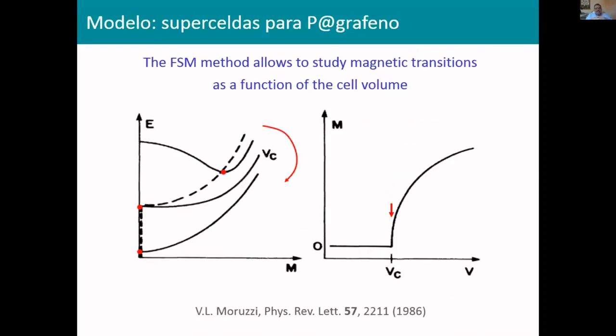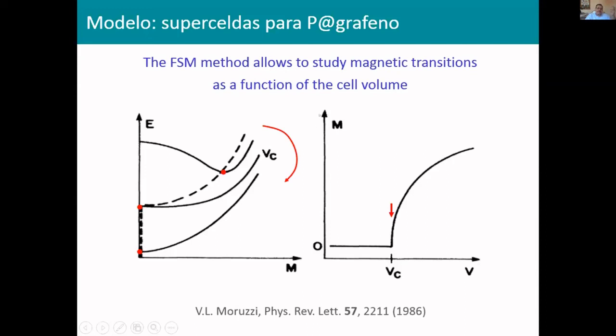This kind of approach is also very useful to study magnetic phase transitions as a function of a physical parameter, for example the pressure, the strain, or even the doping. For example, in this cartoon, we are moving from a magnetic system with a minimum at this point, and if the volume is reduced as a result of applied pressure, the system shows a transition to a non-magnetic system.